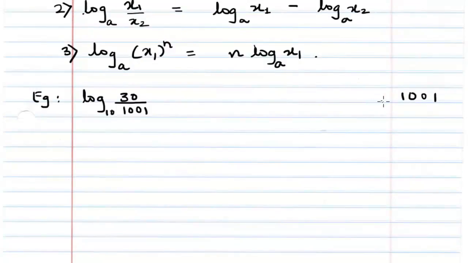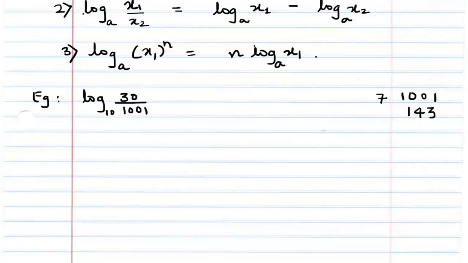Let's see if it gets factored by 3. 3 3s are 9, 1, 3 3s are 9, 1 8 1, no. 7. 7 1s are 7, 7 4s are 28, yes. So I'll first factor it by 7. 7 1s are 7, carry over 3, 7 4s are 28, carry over 2, 7 3s are 21.